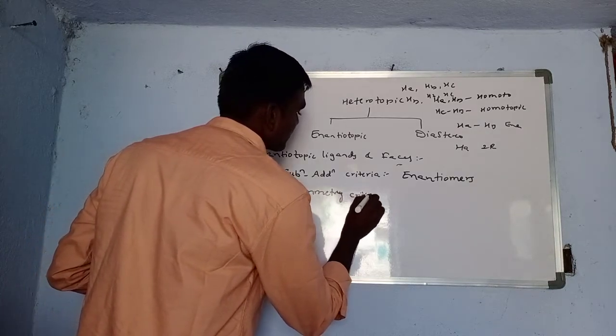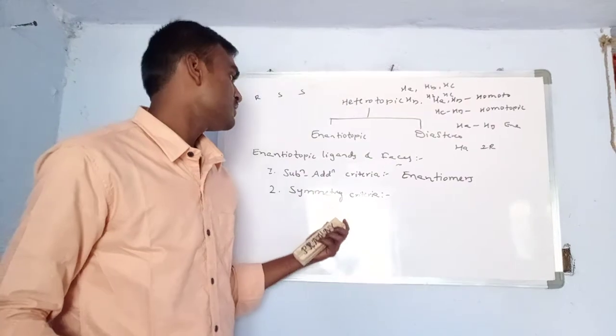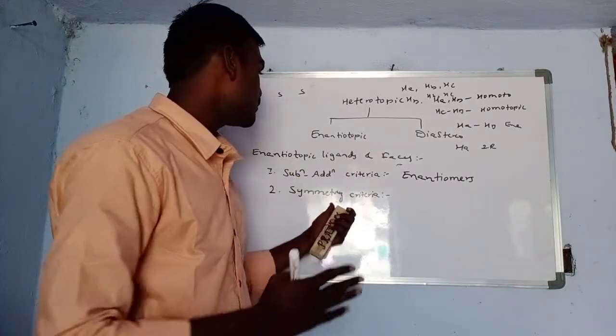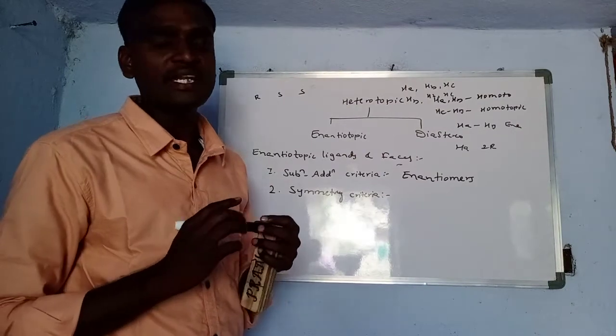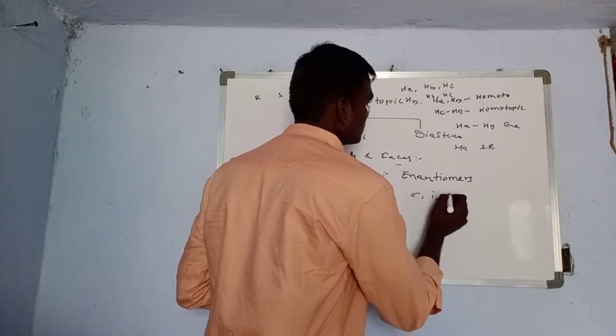Symmetry criteria: if the ligands are enantiotopic, they are interchanged through second kind symmetry elements, that is sigma and i, sometimes Sn also.